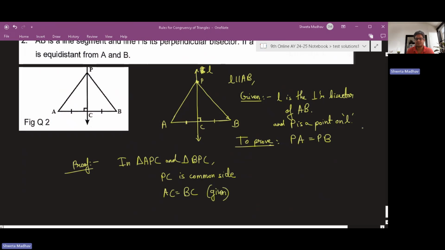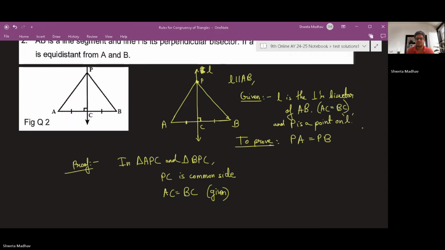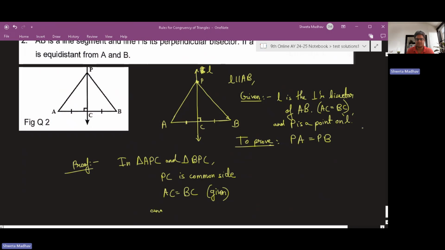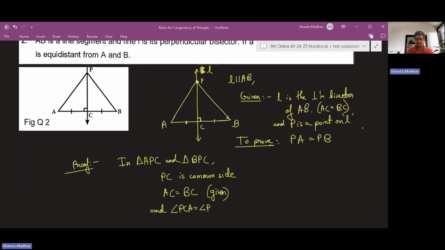Since L is the perpendicular bisector of AB, AC equals BC. P is a point on the line L. And then it is told that angle PCA equals angle PCB, equal to 90 degrees.